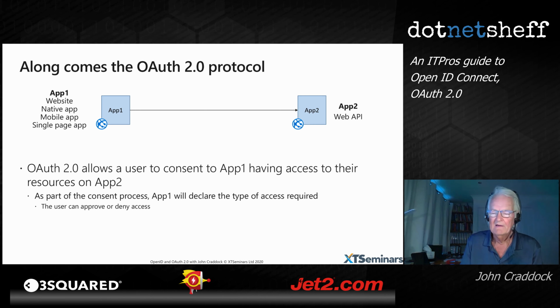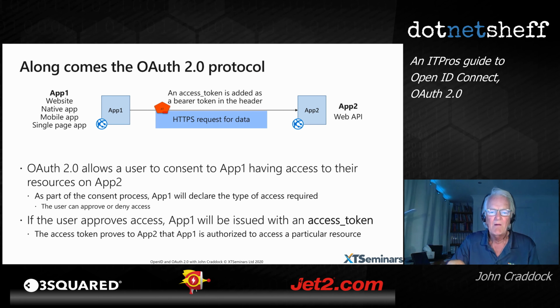The idea is that we allow a user to authorize app 1 to access resources on their behalf, which is sitting on app 2. There'll probably be a web API through which we do it. Having done the authorization and the consenting, app 1 gets an access token.